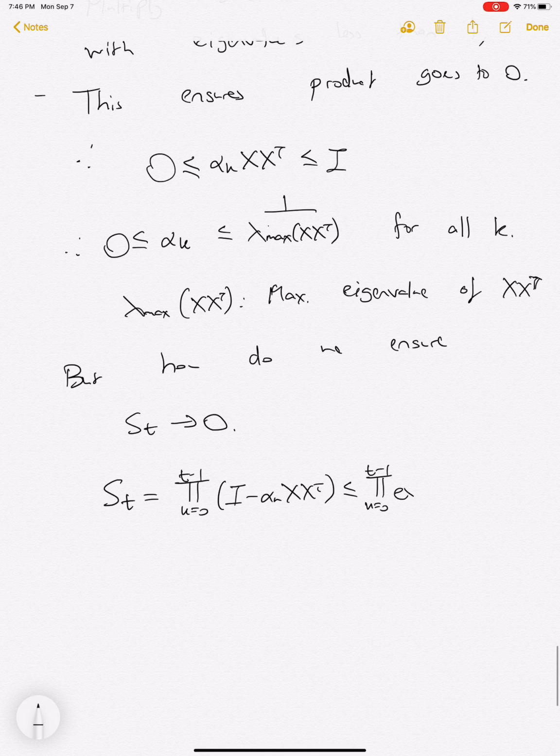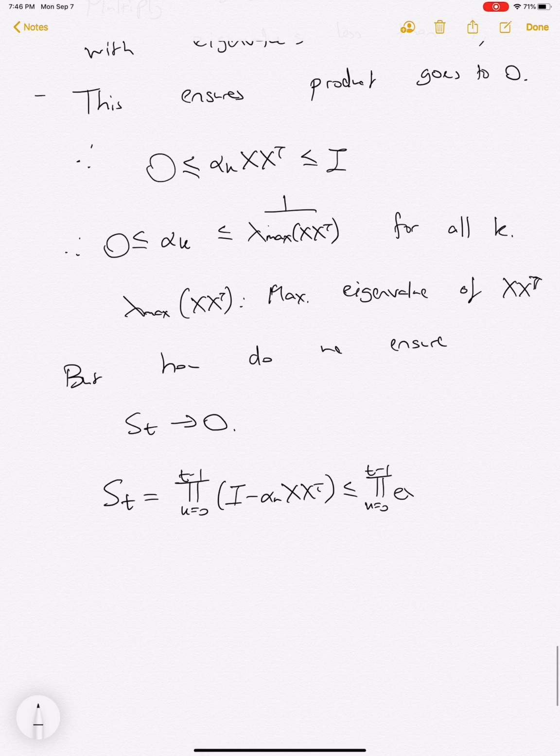So to summarize, we have these two conditions, and these two are going to be useful when you think about how to choose your step sizes for the homework problems.